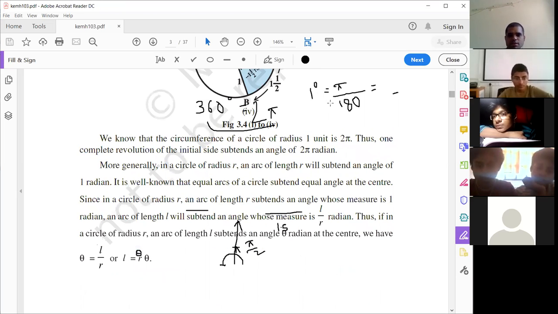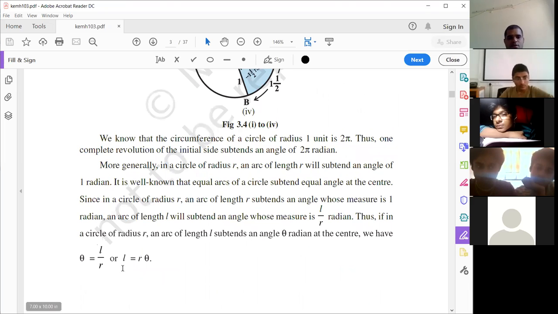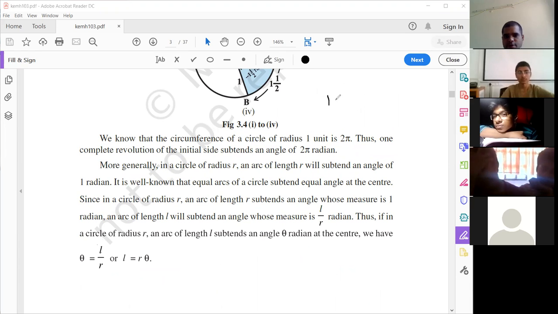Now here is another relationship. You know that in a unit circle, if the radius is 1 unit and the arc length is 1 unit, then the angle is 1 radian. So this angle will be 1 radian.